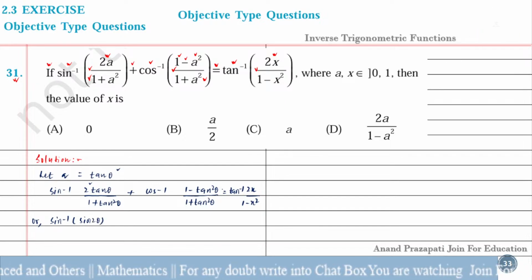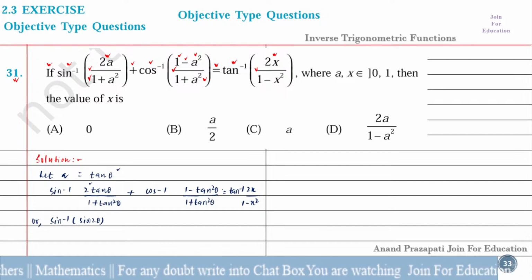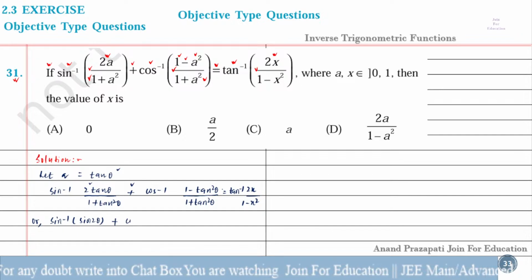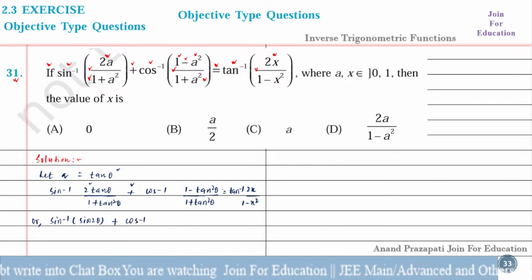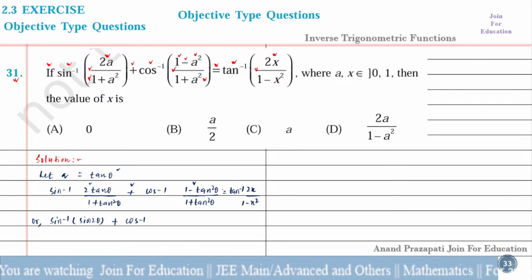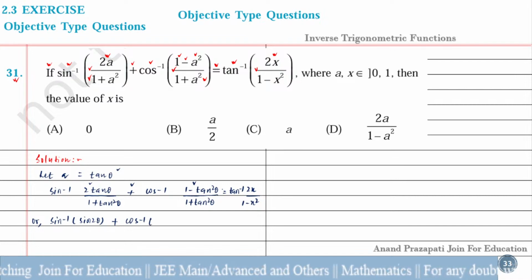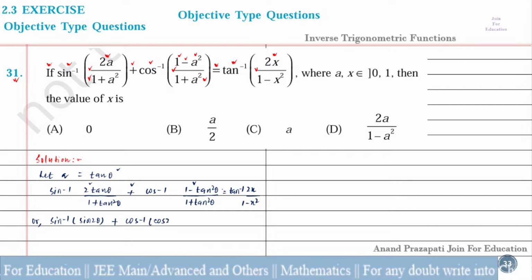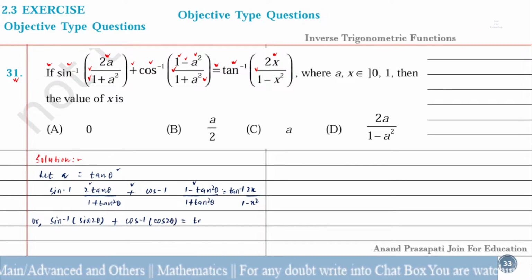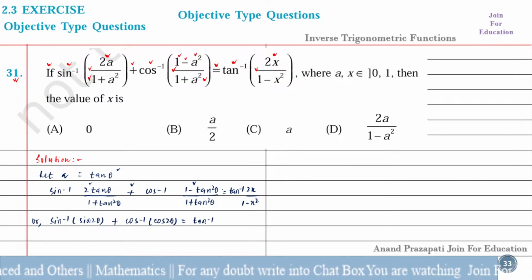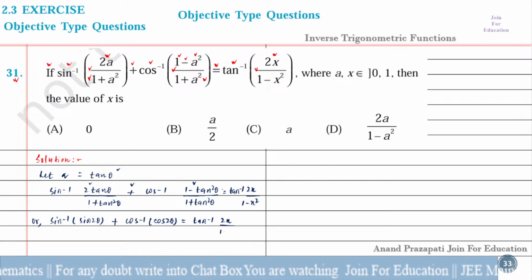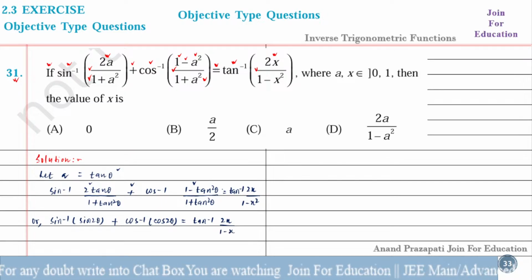After that, plus cos inverse, and we know that 1 minus tan square theta by 1 plus tan square theta equals cos 2 theta, equals tan inverse 2x by 1 minus x square.